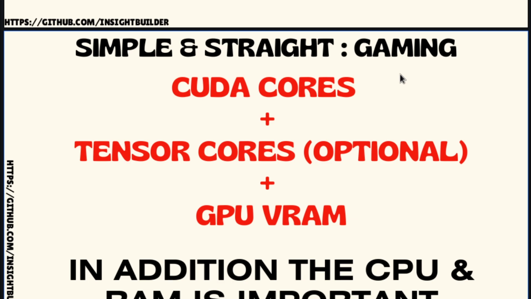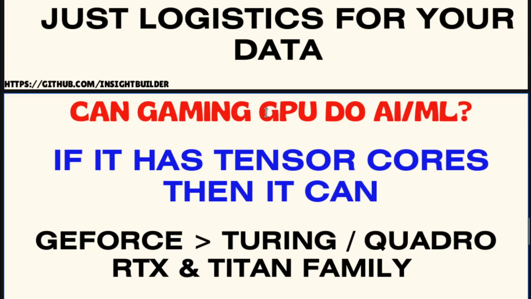If the GPU takes less time, the frame rates increase. If the GPU takes more time to calculate, the frame rate reduces. So this is the mechanism: faster the calculation, higher the frame rate. For faster calculation, you will need CUDA cores and Tensor cores. That's why I mentioned you need CUDA cores and Tensor cores.